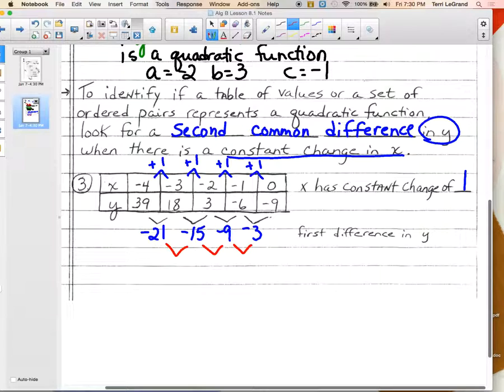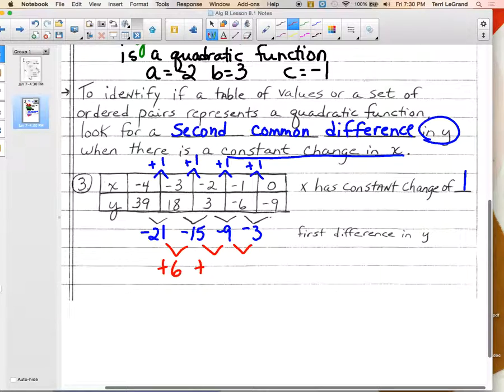To get from negative 21 to negative 15, this time we're actually going up, and the distance between those two on the number line is 6 units. So what's the difference between them? How much distance is there between them on the number line? Now we're going to go from negative 15 to negative 9. Again, it's going up. We're going to the right on the number line, so that's positive.